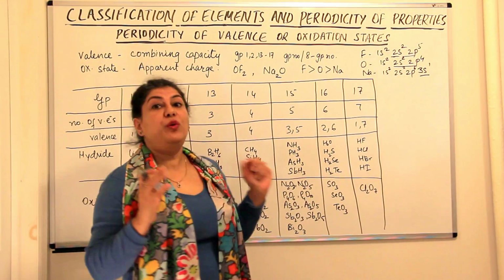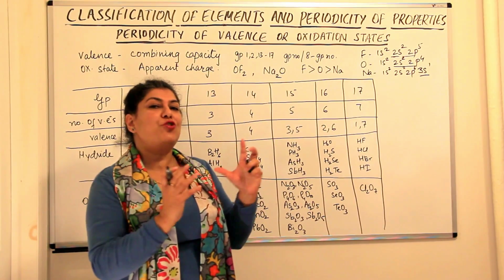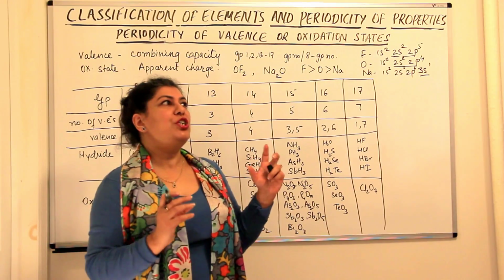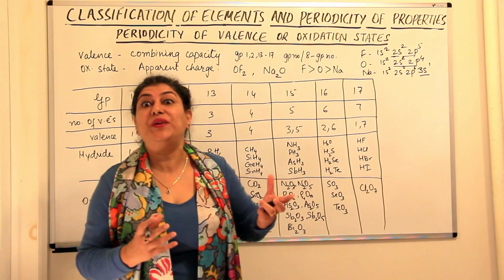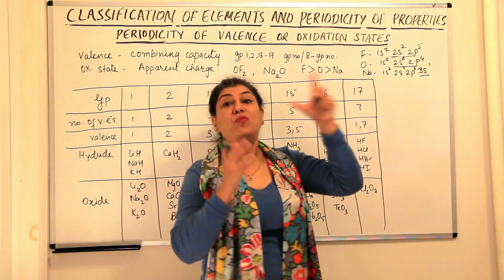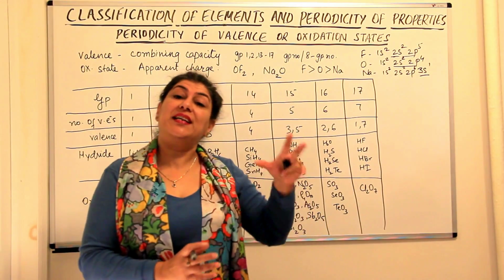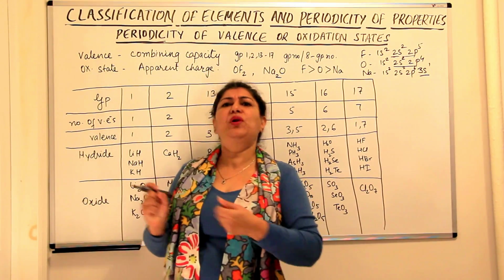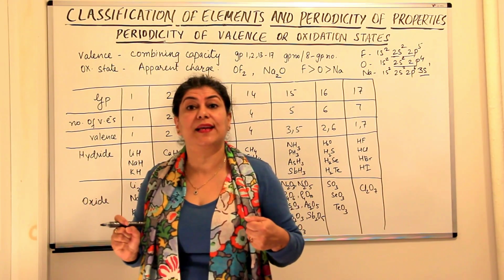So out of these, which ones do you think are most electron deficient? I wouldn't say electron deficient, which is the element which would be most electronegative? In the previous video, I told you that fluorine is the most electronegative in the entire periodic table. So it has a tendency to always pull a shared pair of electrons towards itself.